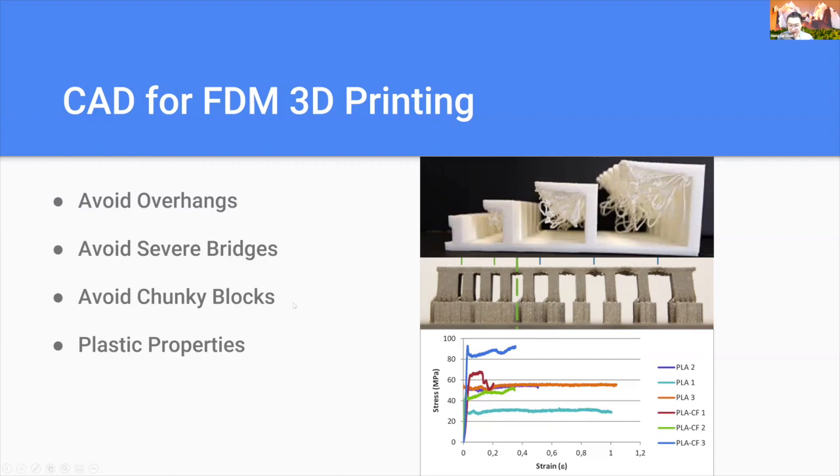In terms of optimizing the use of material, you want to avoid extremely big, chunky blocks of design, because you want to save some filament, and it would take a long time for your printer to work through all of that mass and volume, right? We'll do a demonstration on this later, but when you design, you want to make sure that structures are hollow when they can be, and things are taken out when they're not necessary. And the last thing you should keep in mind is plastic properties, right?